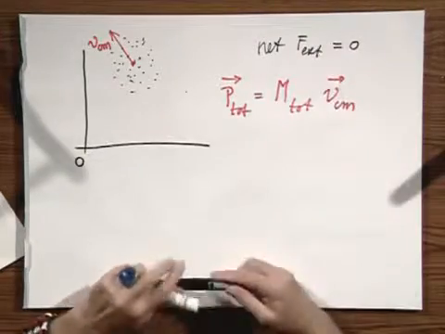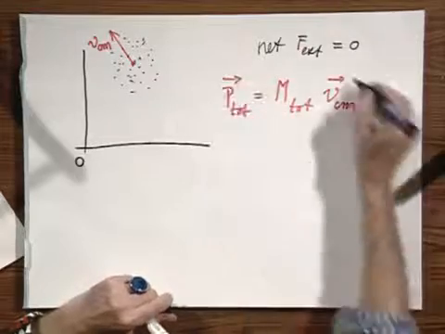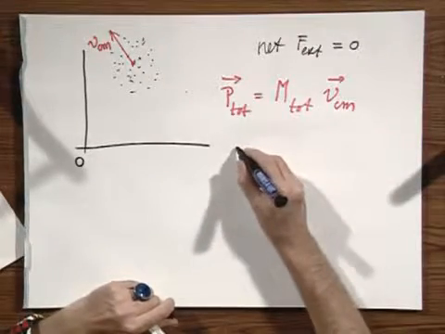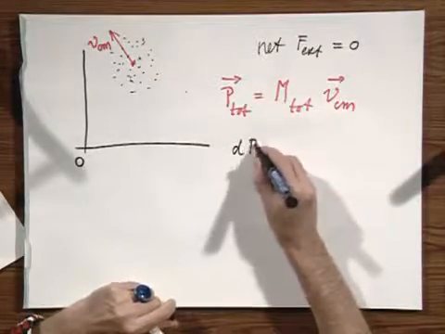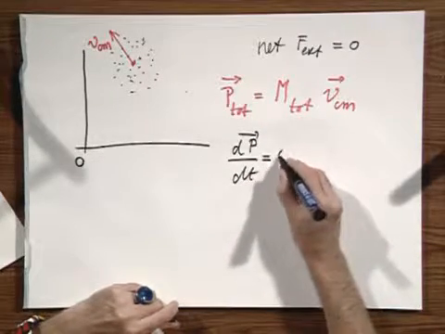And in the absence of external force, this is conserved, and that means that dp/dt equals 0.